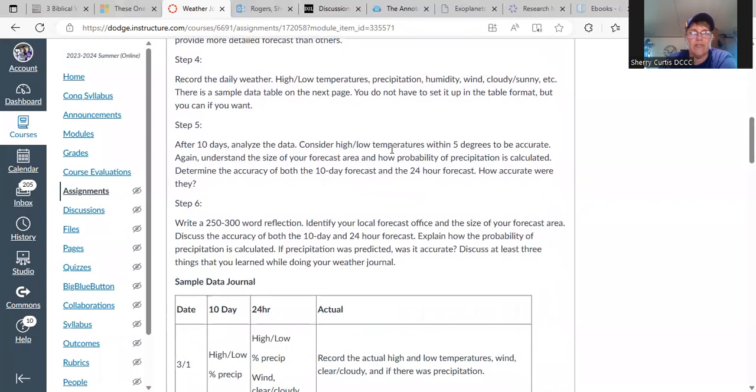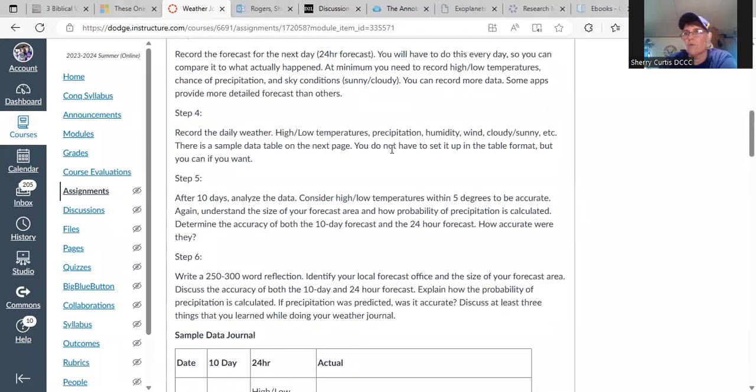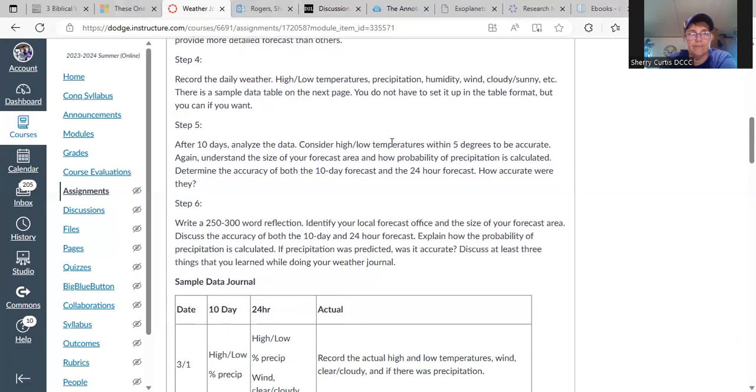And then the next day, you're going to record the actual weather. There are places on the National Weather Service where you can look back and get past weather data if you forget to record the actual weather. You probably want an official high and low, so the National Weather Service is going to be a good place to get that.